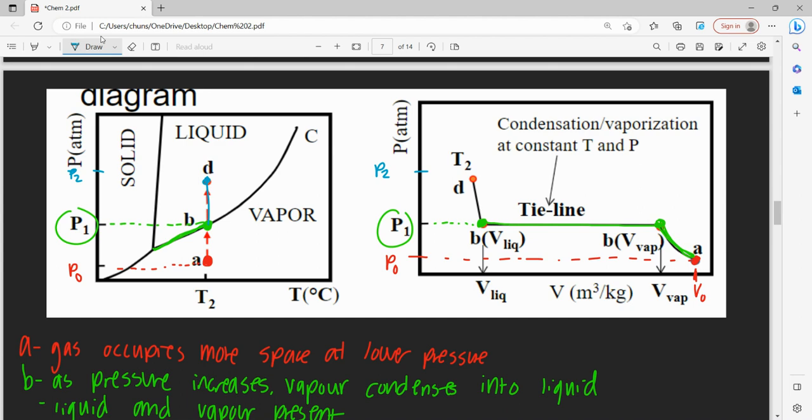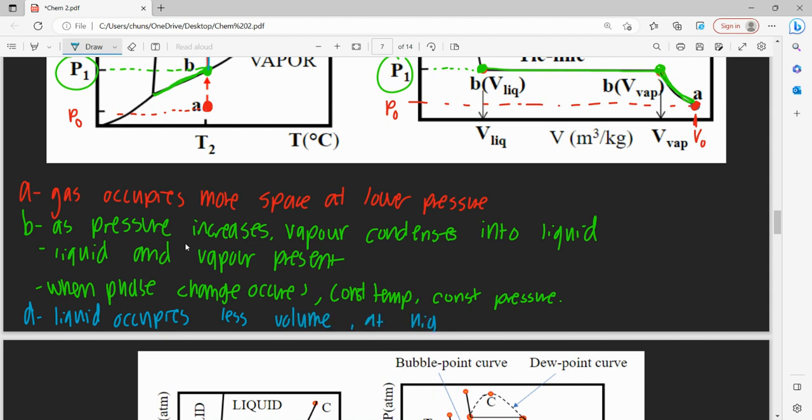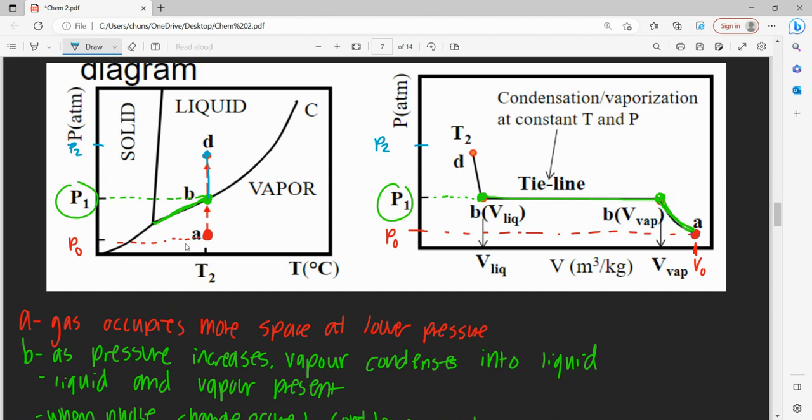So our liquid phase occupies less volume, occupies least volume at higher pressure. And our change is going to be a lot steeper when going from B to D.